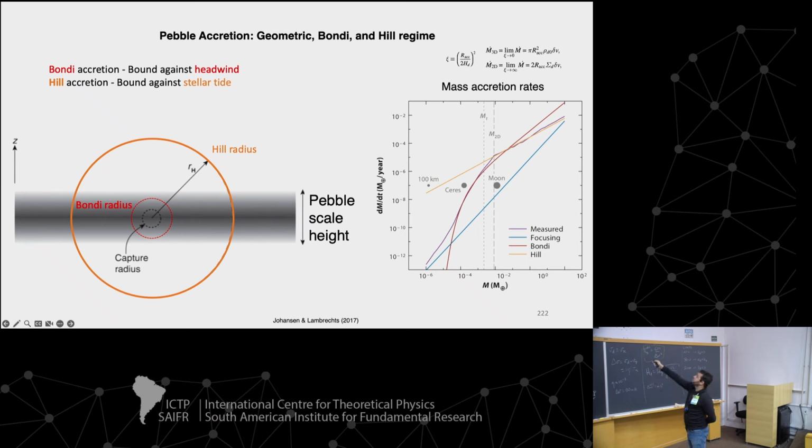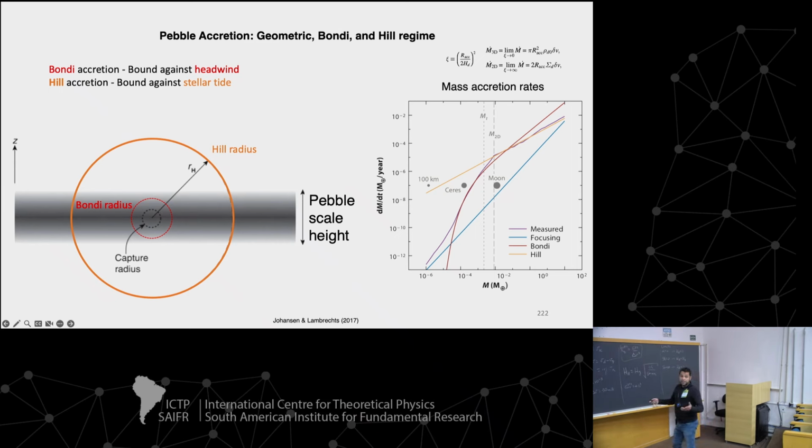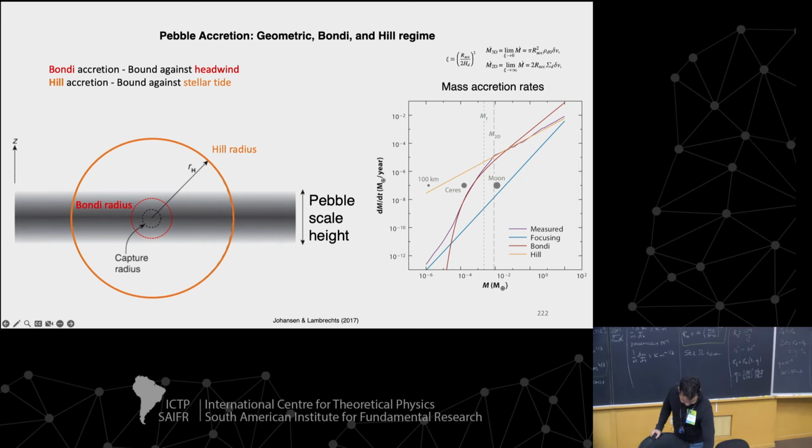So the cross-section here is 2 times r, so that's the diameter of the radius that is doing the accretion, be that the Bondi radius or the Hill radius. And now it is accreting from the full column of dust. So that's why it is sigma d and not rho d. And again here, delta v. So that seems to be all good and fine.